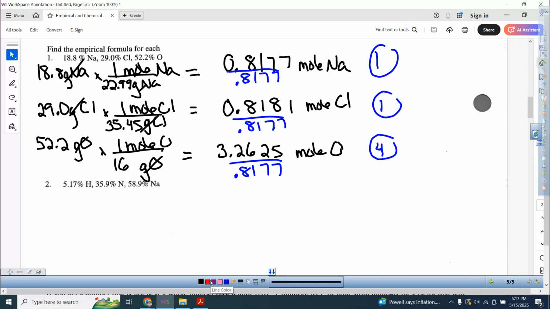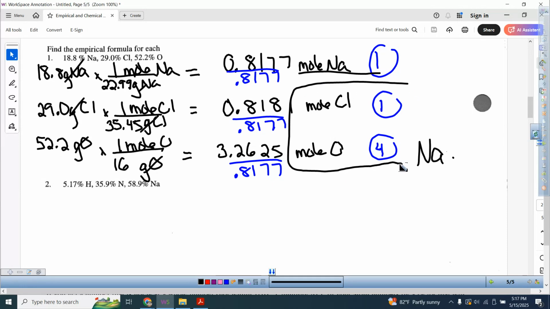Okay, and then when I write the formula, I have a metal here. And so the metal goes first, and there's 1 Na. You don't need the 1 here, but we have 1 Na. Notice we have more than 1 nonmetal left over. We have 4 oxygen and 1 chlorine.